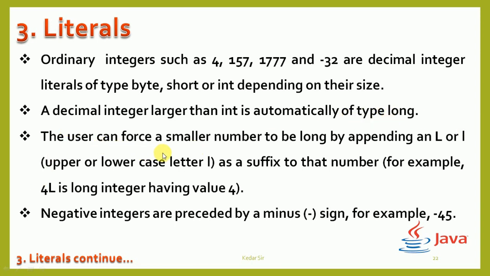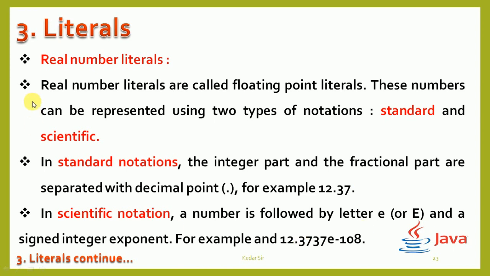So the user can force a smaller number to be long by appending a capital L or small l, uppercase or lowercase letter L, as a suffix to that number. For example, 4L is a long integer having value 4. Negative integers you can define by using the minus sign, for example, minus 45.